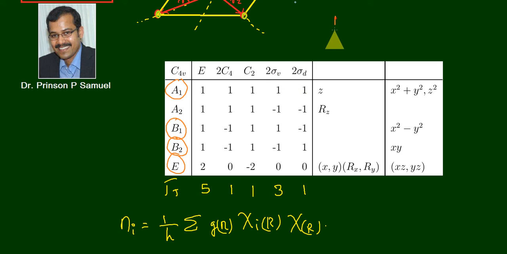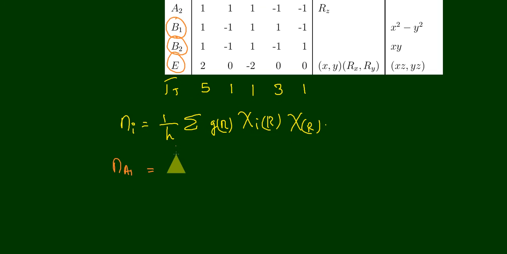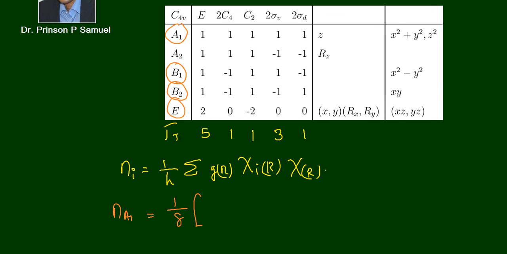So h is equal to 8 in this case. The order is equal to 8. So we have to calculate NA1 now by putting 8 in place of h. So 1 by 8 into the sum over r of g_r chi_r chi_r. So we have to do this for every r and then sum it up, right?